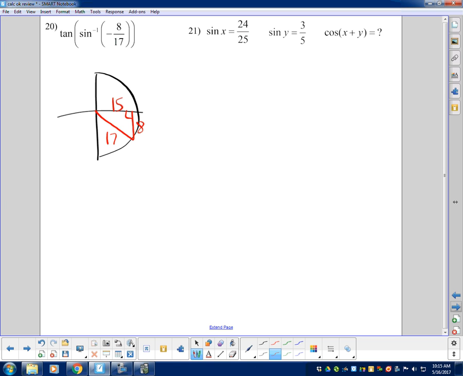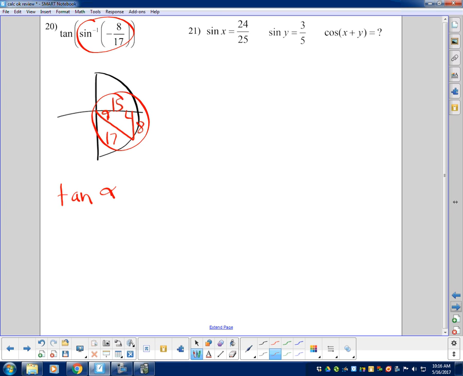So inverse sine of negative 8 over 17 here. This right here represents an angle. So let's call that angle alpha. So what we're asking for is tangent of alpha, but alpha is a part of this triangle right here that we've drawn with those three lengths.